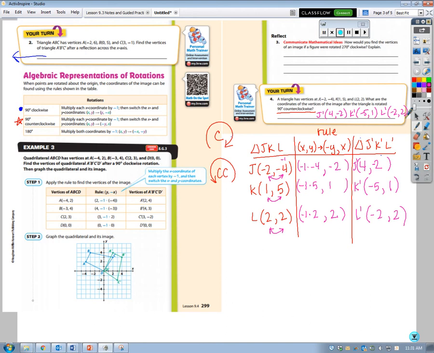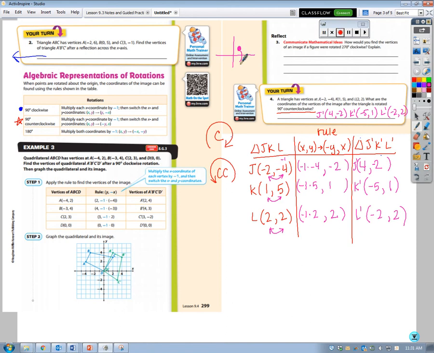So, communicating mathematical ideas. How would you find the vertices of an image of a figure rotated 270 degrees clockwise? So, a 270 degree clockwise rotation, so if I'm looking at this here, I got my little coordinate, and let's say I'm starting right here. That's my original. And I'm going 270 degrees clockwise.